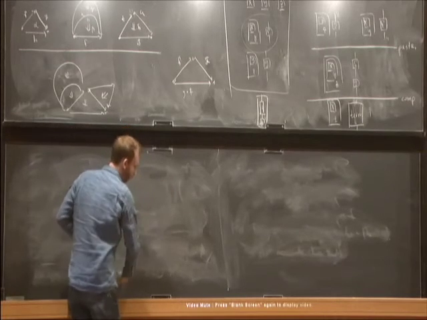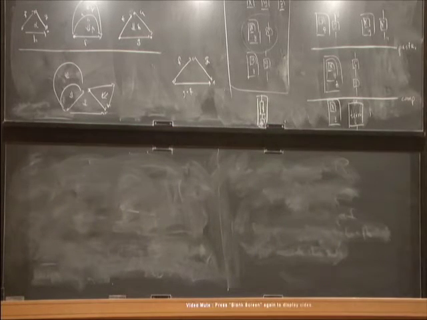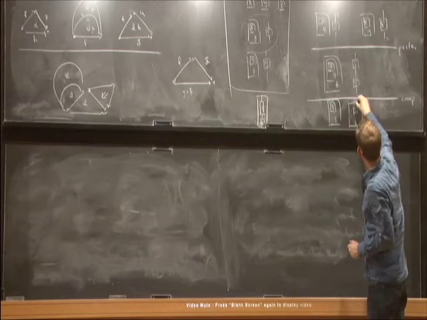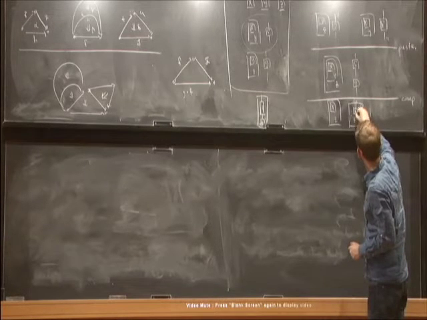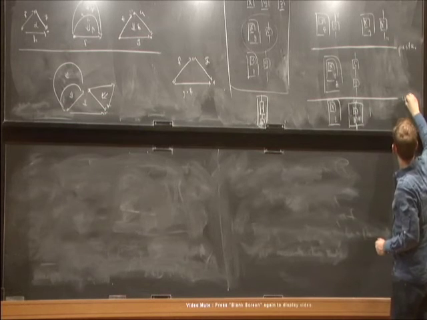So what I'm saying is when you form the composite, there's going to be a universal cell filling that interior thing. And so here, this would look like F, G, and then here is the composite.